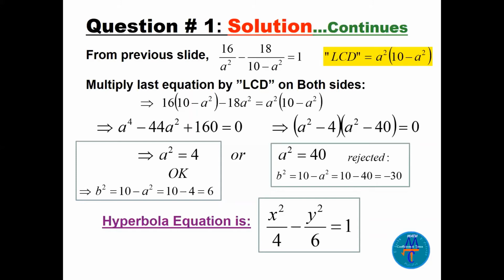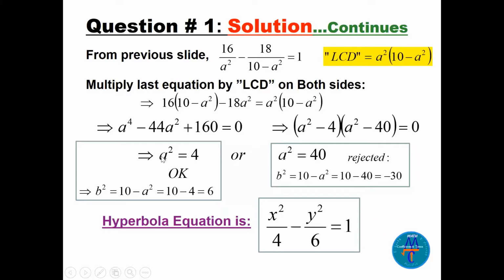If I factor it, the product will be 160 and the sum will be minus 44. So I can think of the numbers minus 4, minus 40. See, now I get this one here. Sorry for these numbers, guys. (A squared minus 4)(A squared minus 40). Now, if I take each factor, A squared is equal to 4 or A squared is equal to 40.